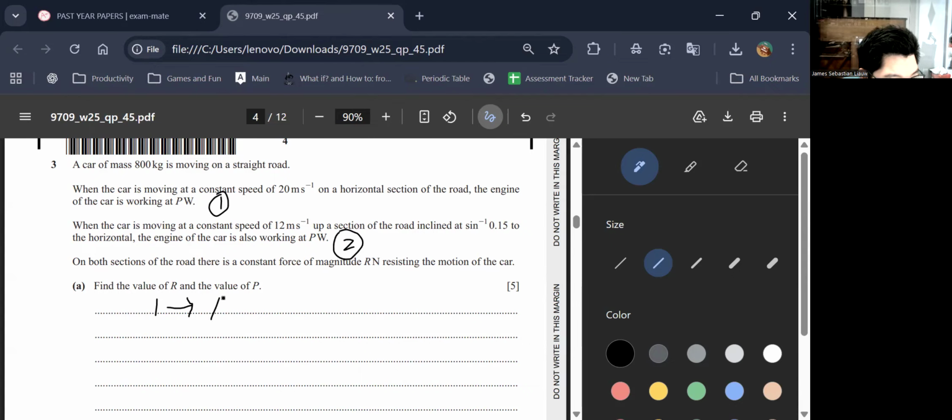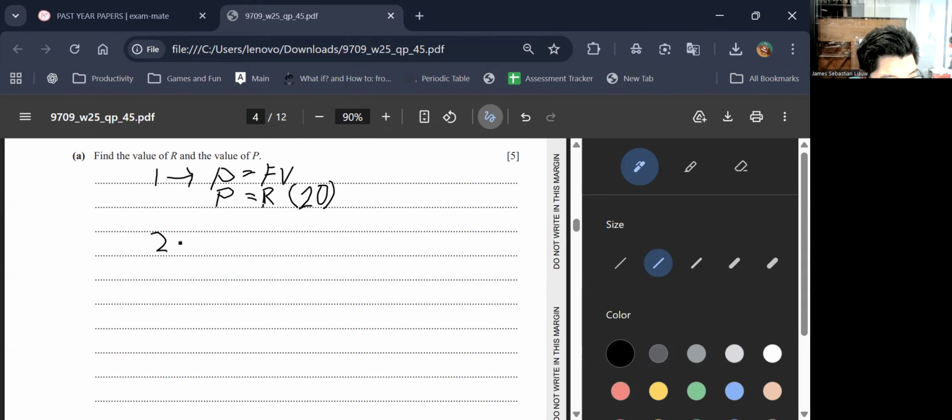And so since P is equal to FV, F is your R, because the car is clearly moving at constant speed. So your resistance force and driving force are equal, times the constant speed of 20. This is your power.